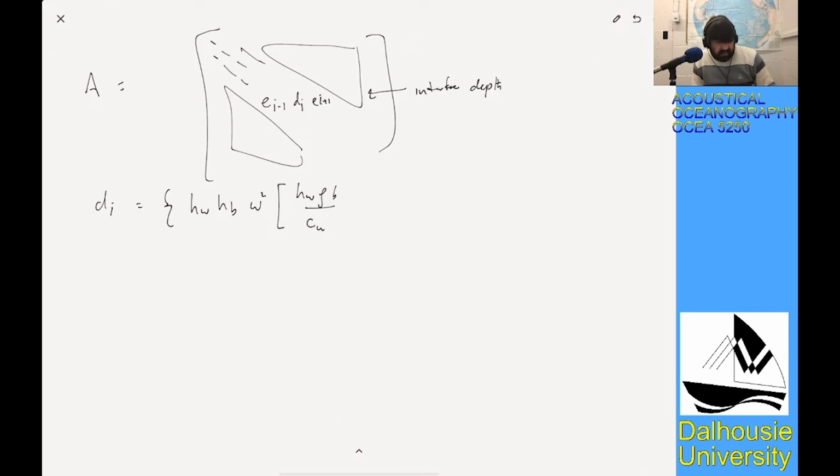Here I'm just using CW to be just above the interface. CB is going to be just below the interface. Should be rho w. CB, I better write that out. CW equals CD coming from above, and CB equals CD coming from below. Okay, continue this equation.